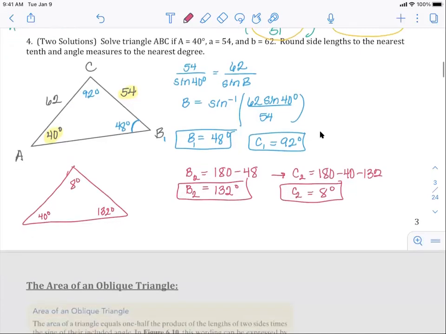Obviously, that's not to scale, but that's okay. This one is 62. This one is 54. Side C in both cases is now the last thing that we have to solve for. So this is going to be little c1. This is little c2. We just do the law of sines exactly the same way as we did in all the other ones to figure this out.